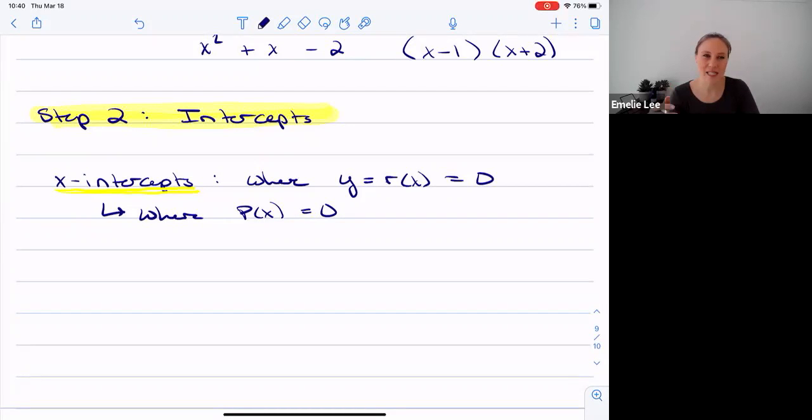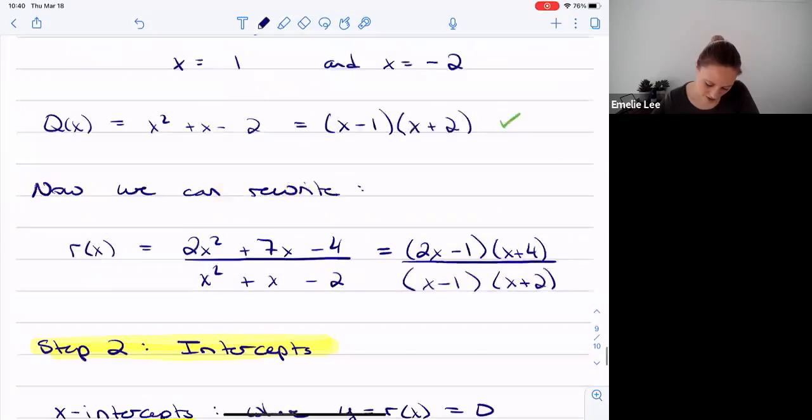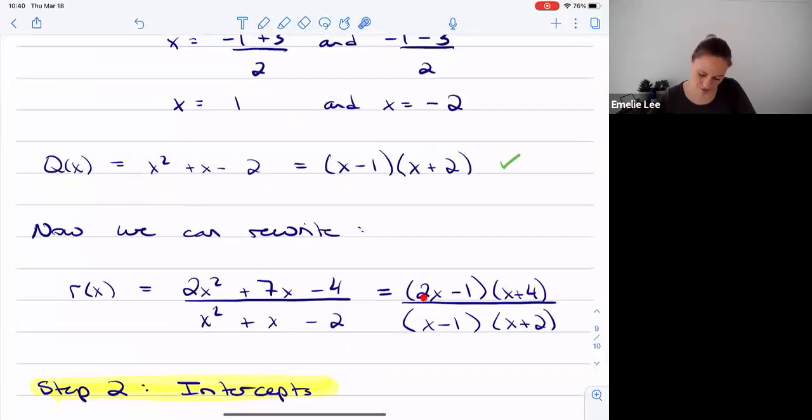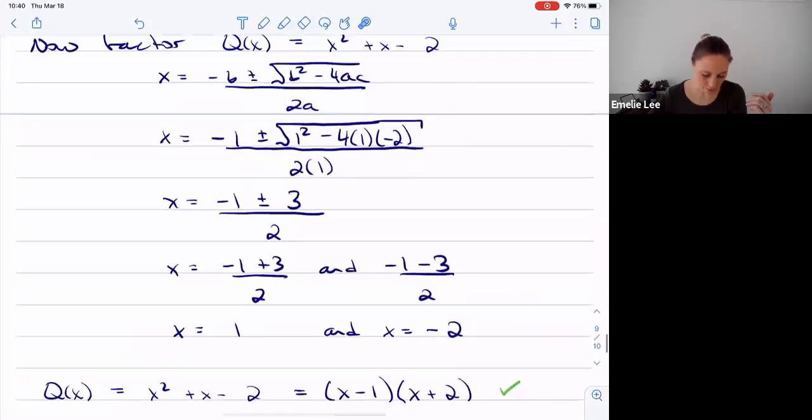From the work that we did with our factoring, we said this thing factors to 2x minus 1 times x plus 4, but we also said that's because when x is equal to 1/2, then we have a 0, and when x is equal to negative 4, I also have a 0. So we actually have already found the x-intercepts.